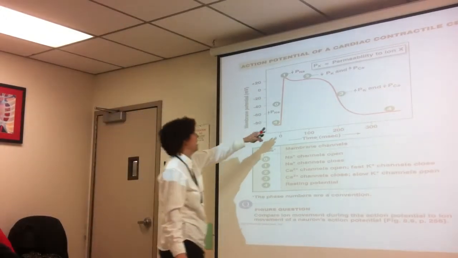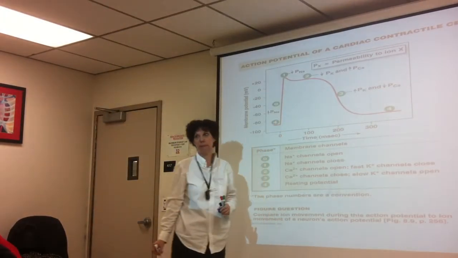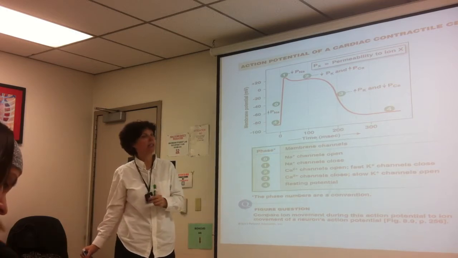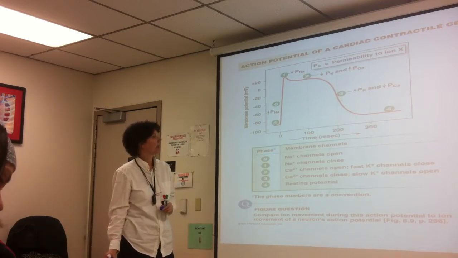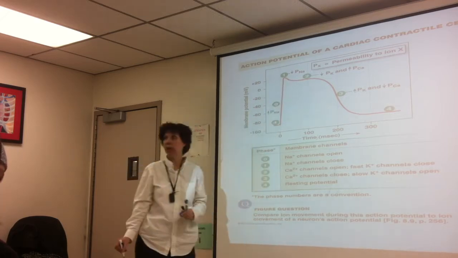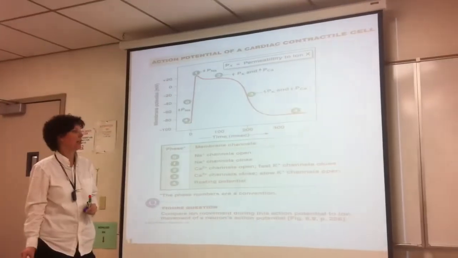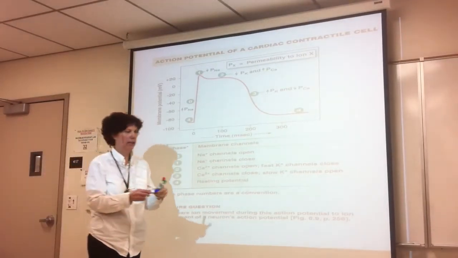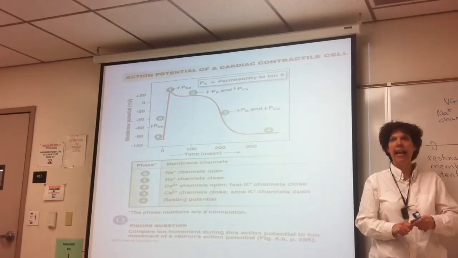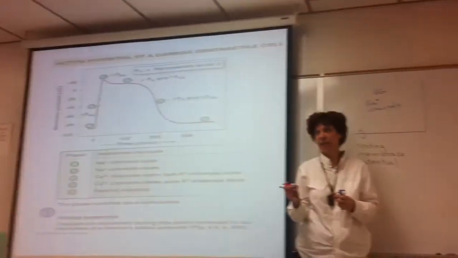These are voltage-gated sodium channels. That depolarization will reach its peak and sodium channels will close. Within a short period of time, calcium channels will open as well as potassium channels.